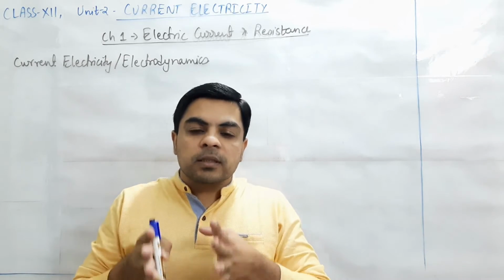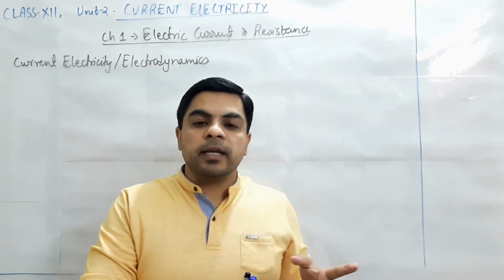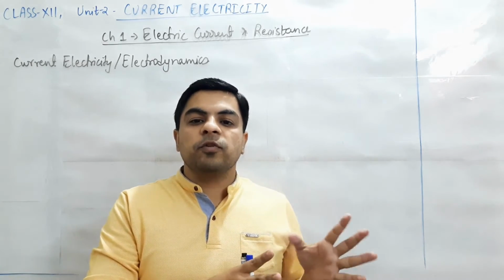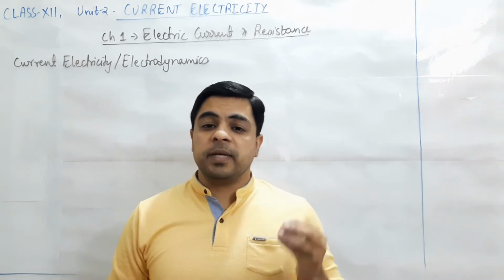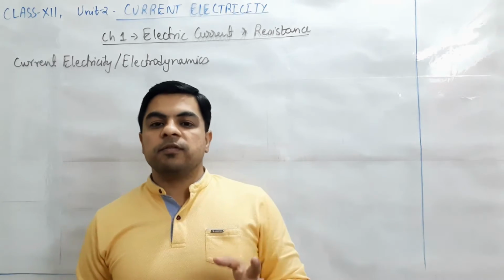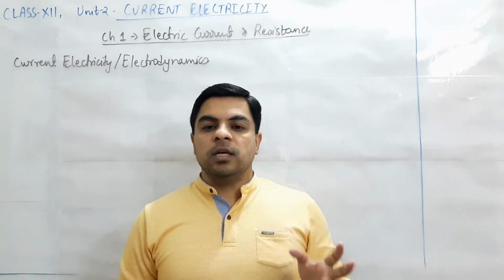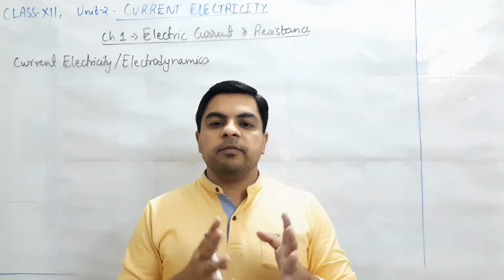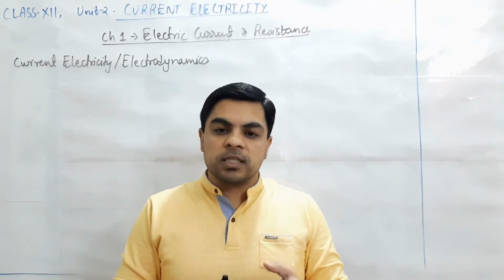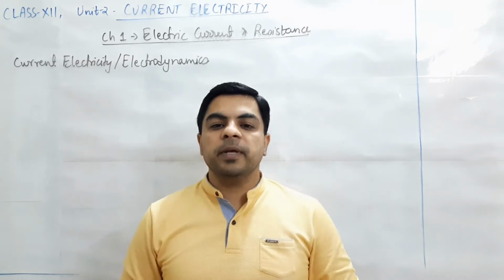Electro dealt with charges, and static was termed for rest. So over there we discussed many factors, quantities, relations and derivations related to charges at rest. Now, one step ahead, we are going to discuss the same charges, but this time they will be in motion.